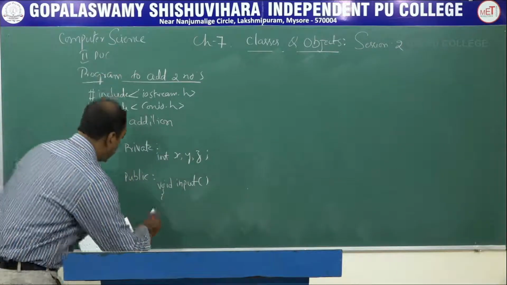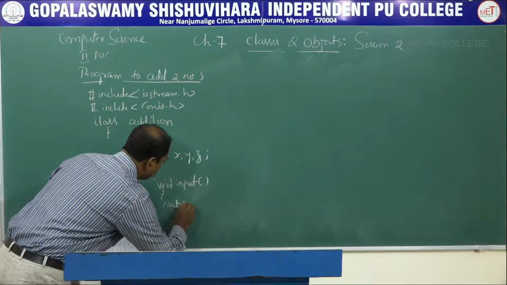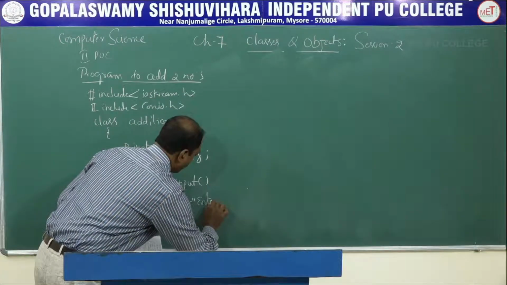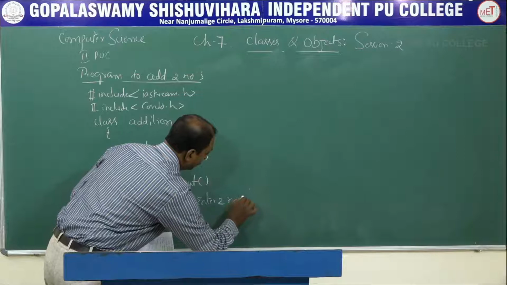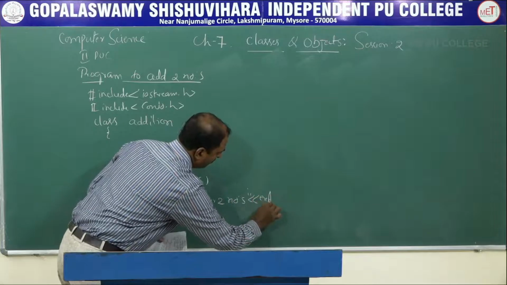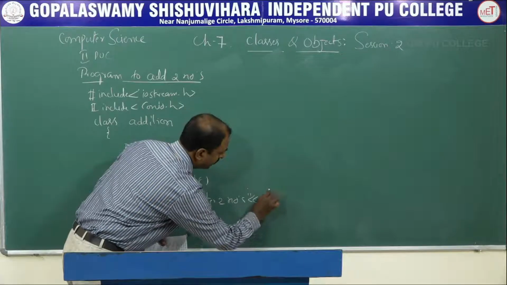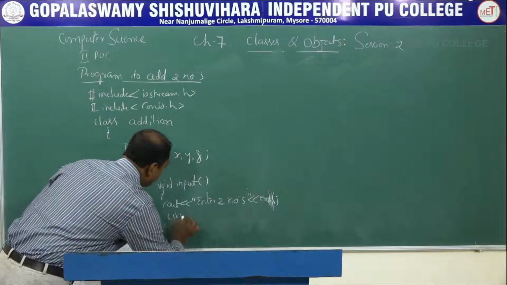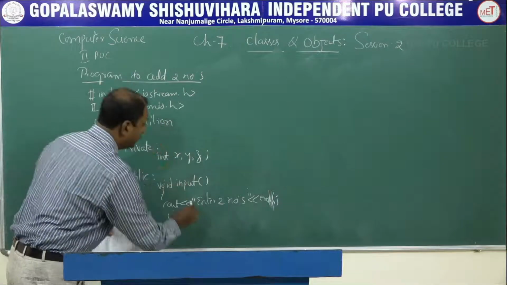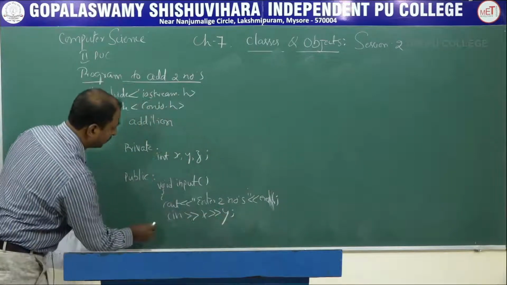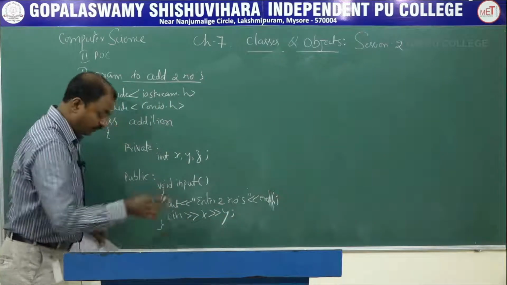So here I say cout, enter two numbers, and you see them in variables x and y. I am closing this input function.